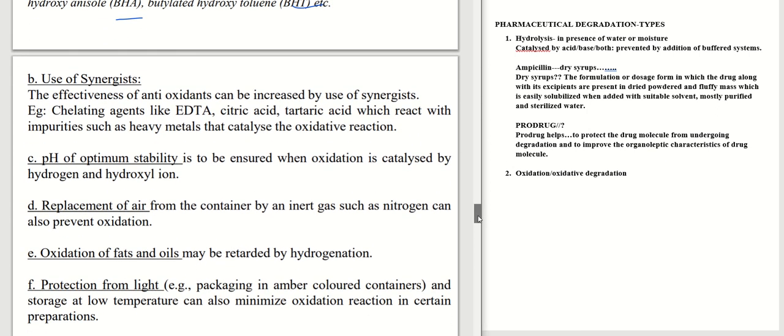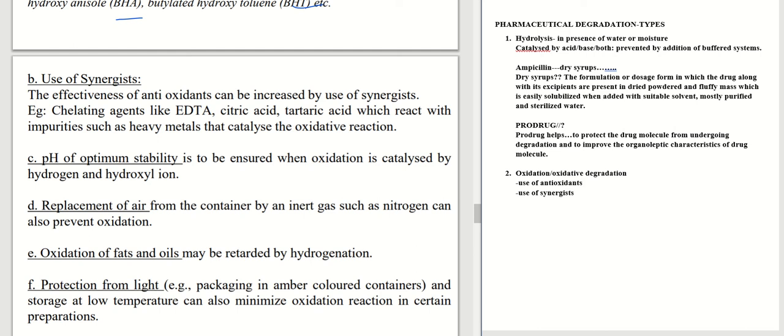And again, the first one is use of antioxidants. The next one is use of synergists. A synergist is an agent which enhances the reaction.